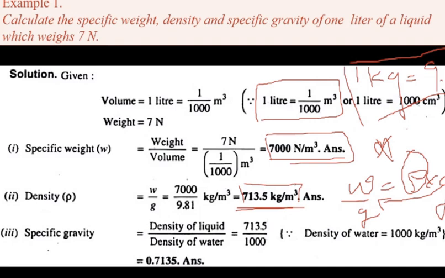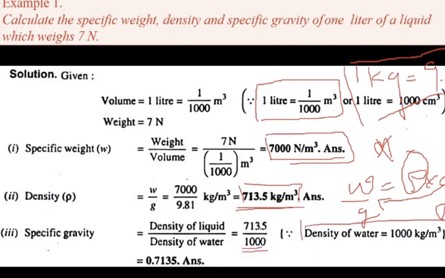Next, what are they asking? They are asking us to find specific gravity. So what is specific gravity? Density of liquid to the density of water. Okay, when it is asking liquid, we have to take the standard quantity as water only. So density of liquid, we have already found it, that is 713.5. So density of water, we already know, it is rememberable.